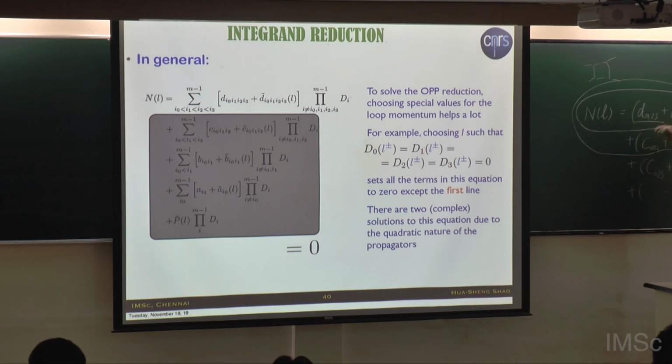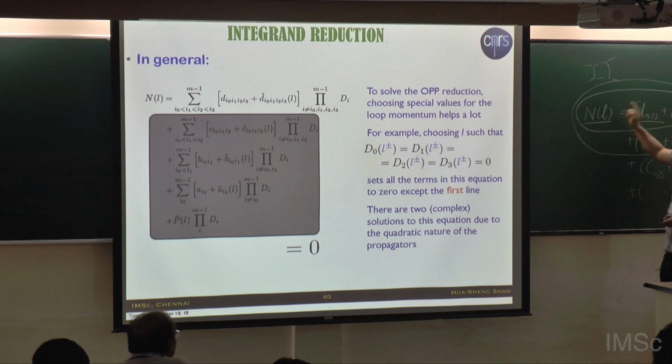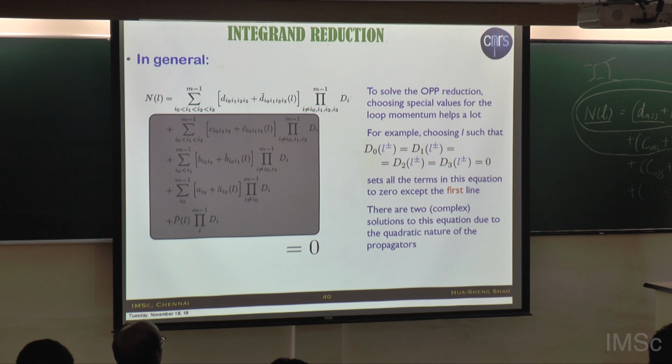For a given phase point, a given loop momentum, you can numerically calculate the numerator, and you know how this can be decomposed into D0,1,2,3, because right now we only have 4 propagators maximum. So D0,1,2,3, D tilde 0,1,2,3 times the remaining term. Right now there's no D5, D4.